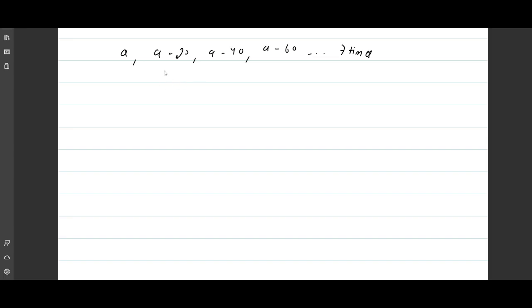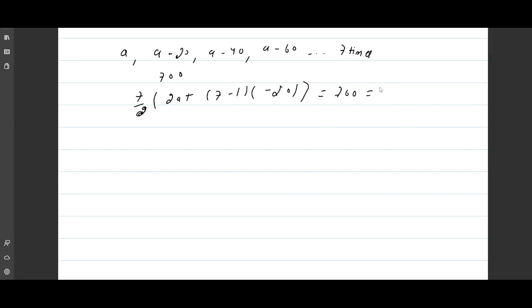So sum of prizes is 700. So this is equal to 7 by 2 into 2a plus n minus 1, 7 minus 1, into minus 20. So this is equal to 700.